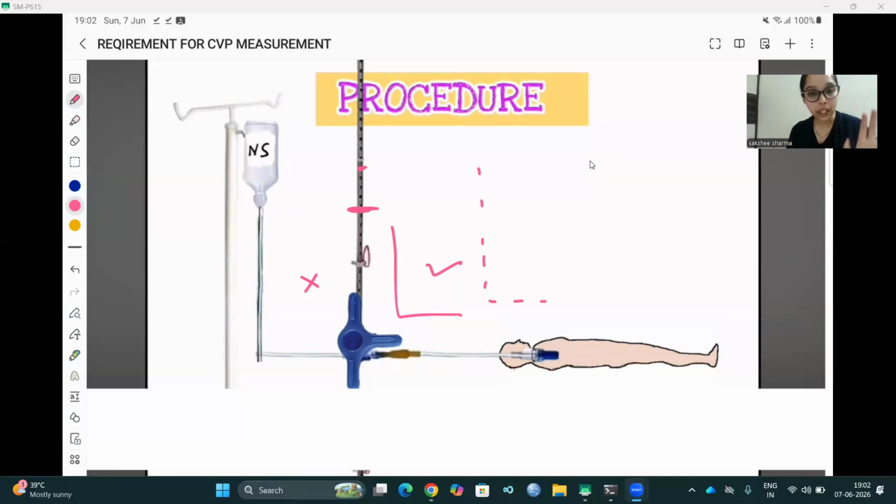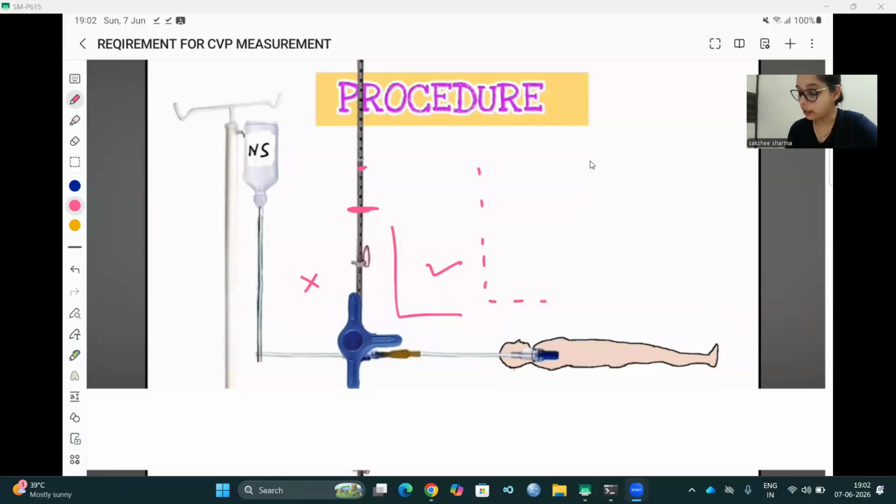When the patient has exhaled, at the end of that exhalation, where the NS is, that is your CVP. All right? Okay. Now, this is all about your CVP measurement using a manometer.